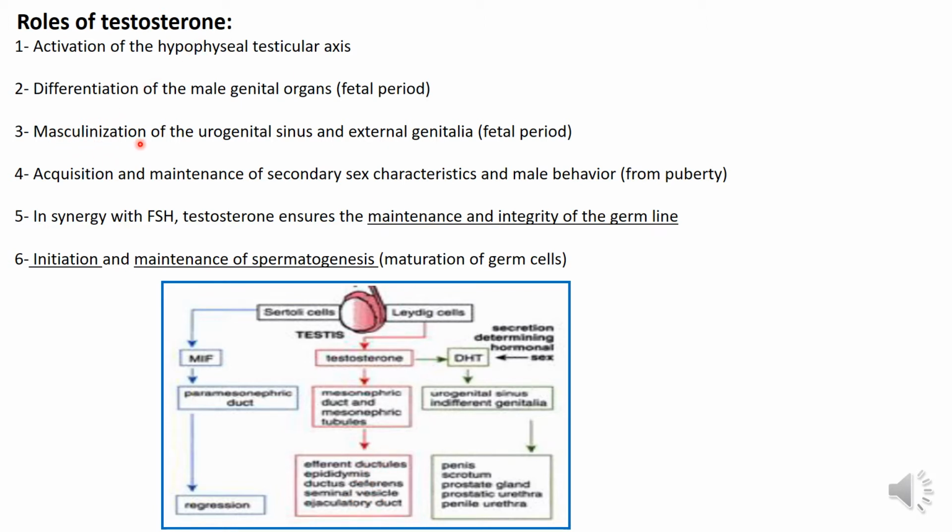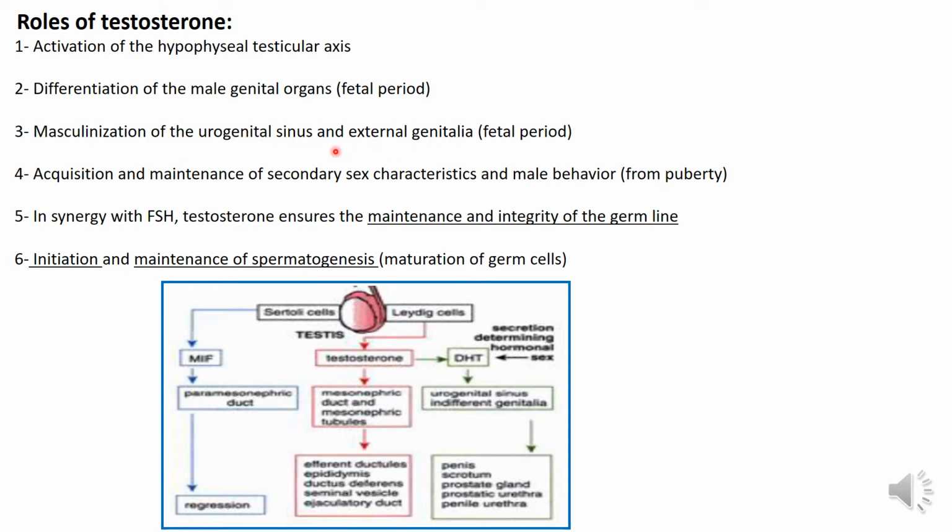It will induce also the masculinization of the urogenital sinus and the external genitalia, and this happens also during the fetal period. And this is made under the action of the DHT, in fact, but the DHT is produced by the testosterone.